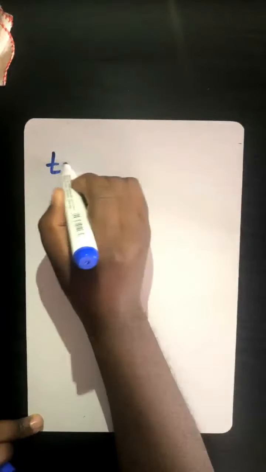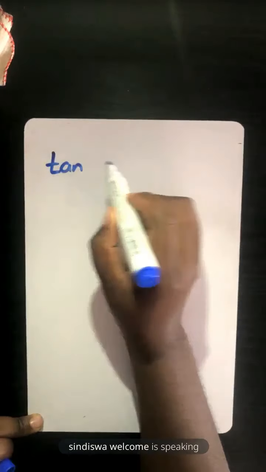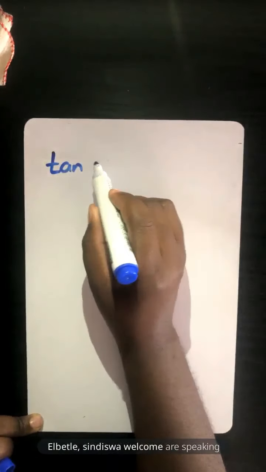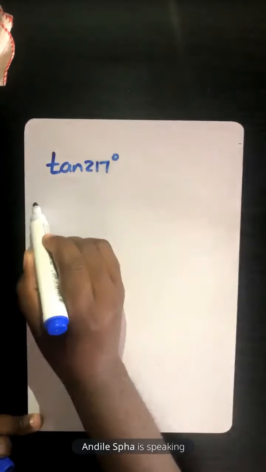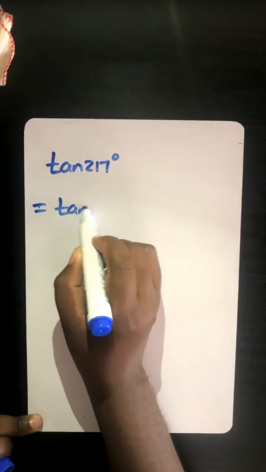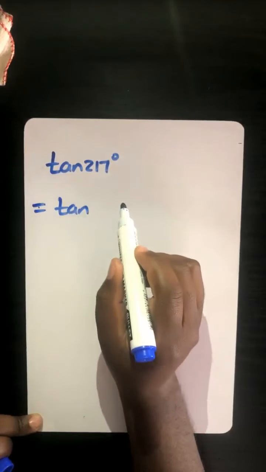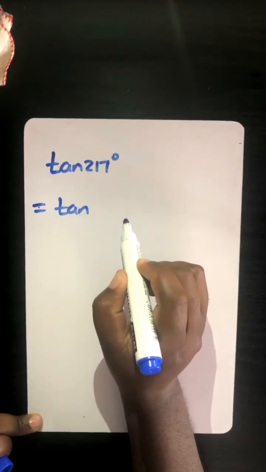Okay, let me write it again. What was that number again? What was this angle? It was 217. So we said this should be tan. LB, let's you and I communicate.